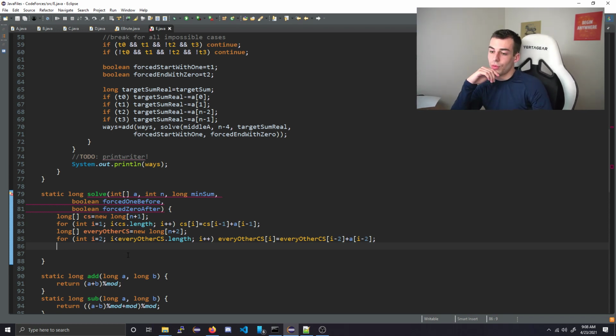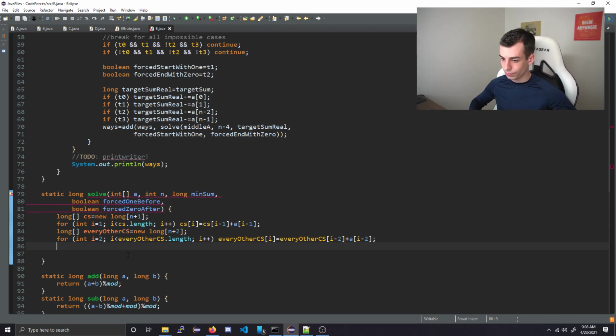All right, so we want to brute force the point that we're considering, the X we're considering. So we have a bunch of zeros, then a bunch of 1 zeros, and then a bunch of 1s.